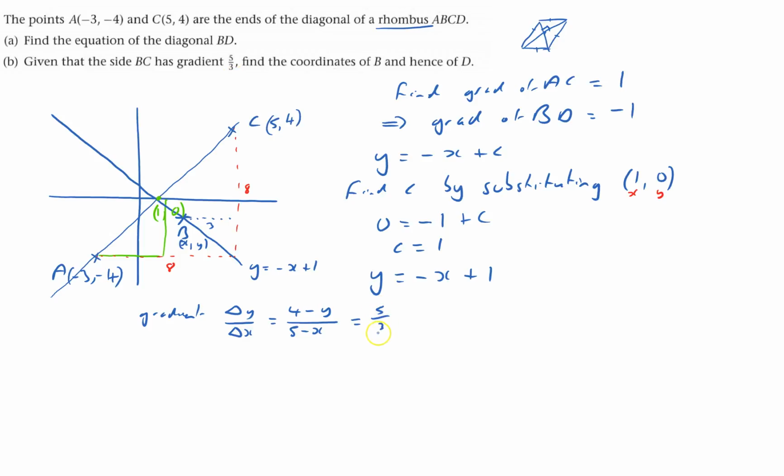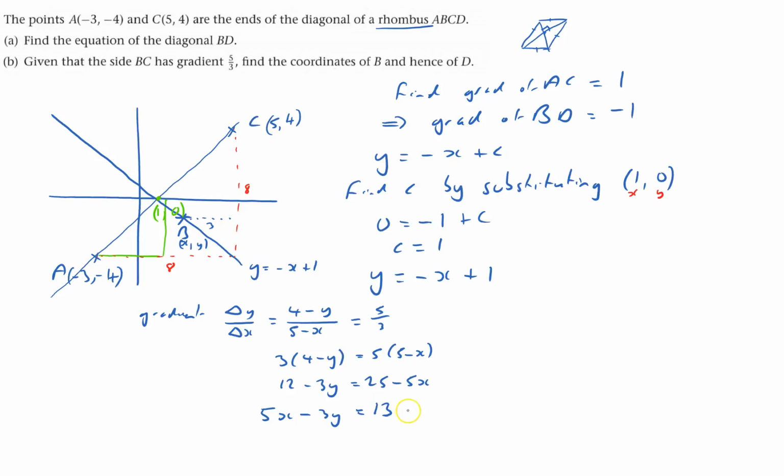Multiplying both sides by 5 minus x and by 3, that gives me 3 lots of 4 minus y equals 5 lots of 5 minus x. So 12 minus 3y equals 25 minus 5x. And putting it all onto this side, I get 5x minus 3y equals 13.